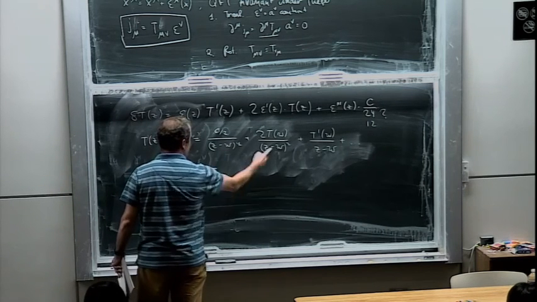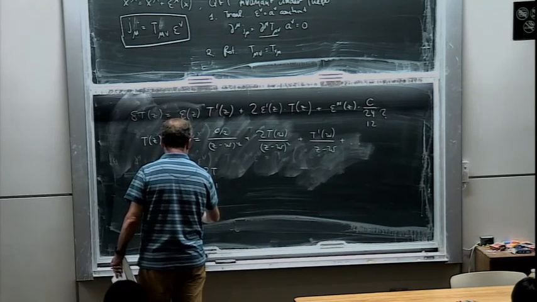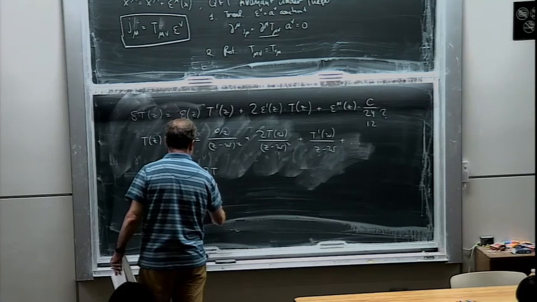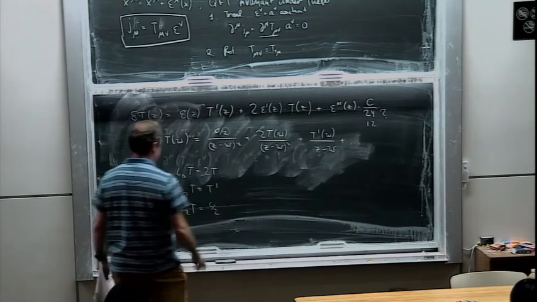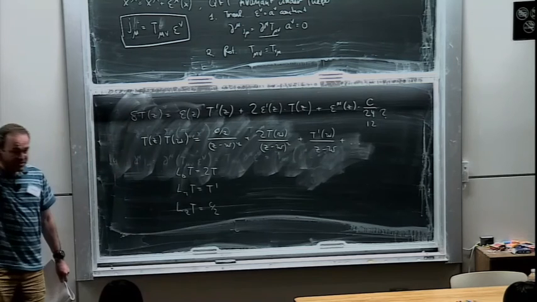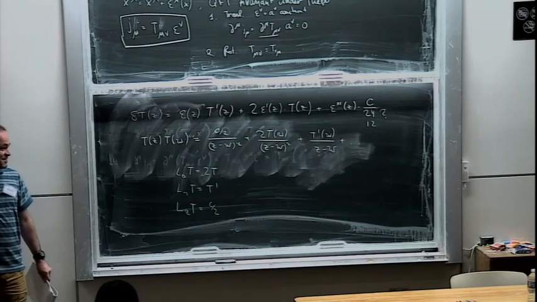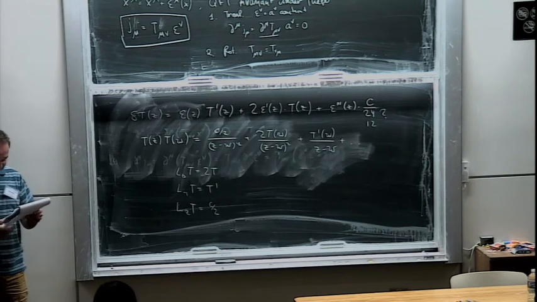But also from here it follows that L2 acting on T is c over 2. And that means that T is not a primary field. It's actually a descendant field, a descendant of the identity. You can show that T is L minus 2 acting on the identity with a little bit of work.